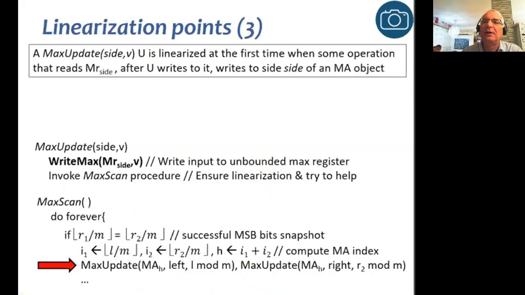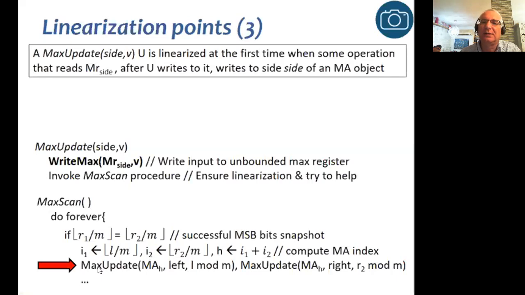The definition of the linearization points of max updates is slightly more complicated. Assume without loss of generality that a max update operation U writes to the left unbounded max register. Then it is linearized at the first time when some operation, possibly U itself, reads that max register, that is the left max register after U writes to it, and then performs a max update on the left side of a bounded max register, and that is the point of linearization.